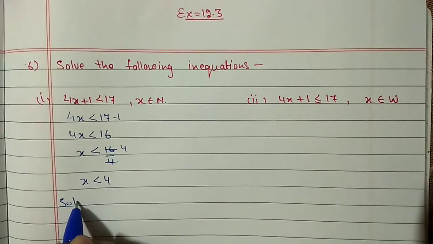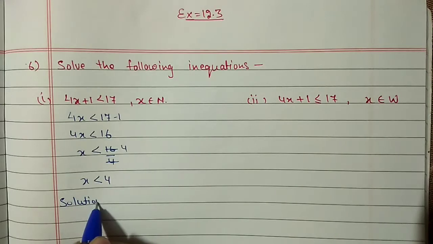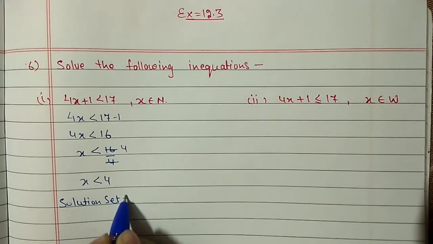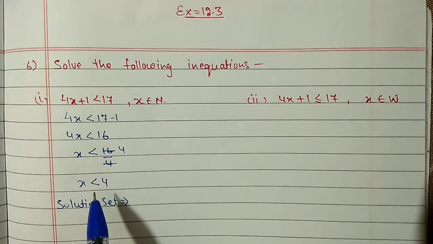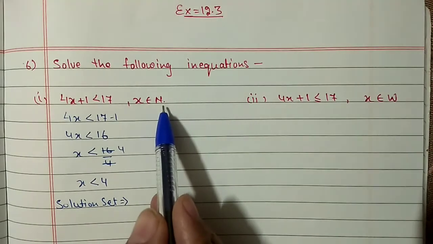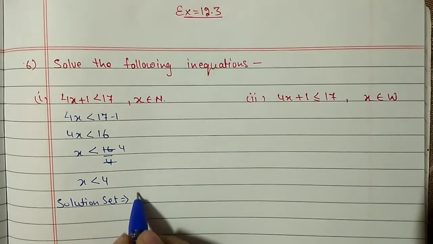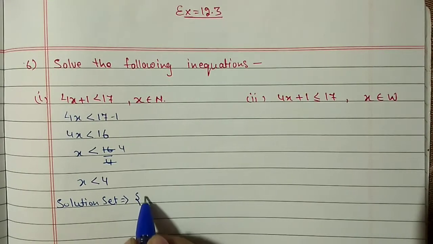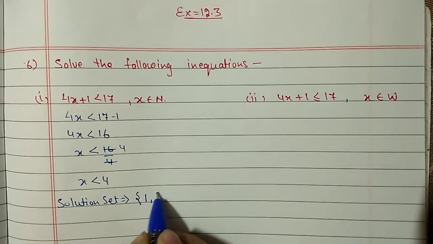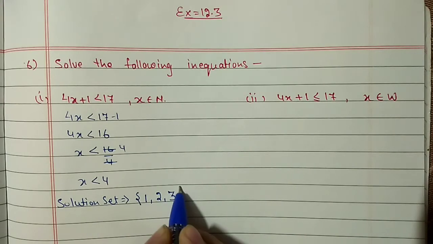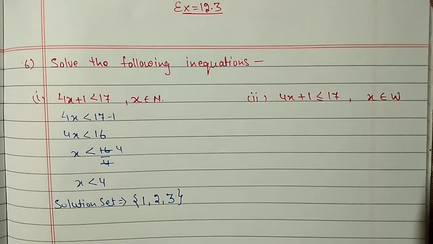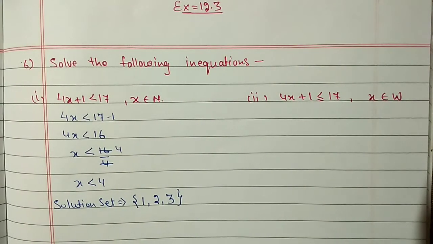Now we will write the solution set. So we have to take numbers less than 4 from natural numbers because replacement set is given here natural number. So natural number will start from 1, then we have to take 1, 2 and 3. Less than 4 means we will not consider 4.